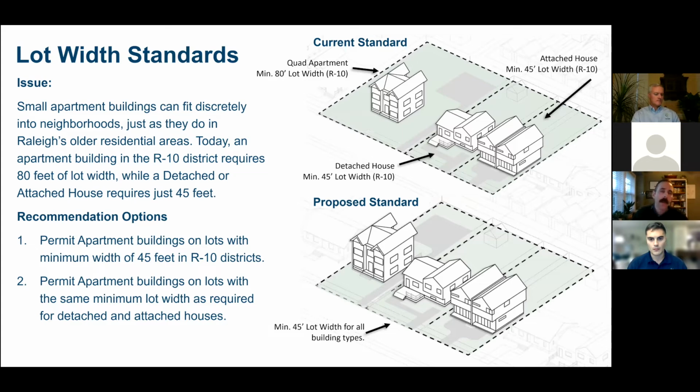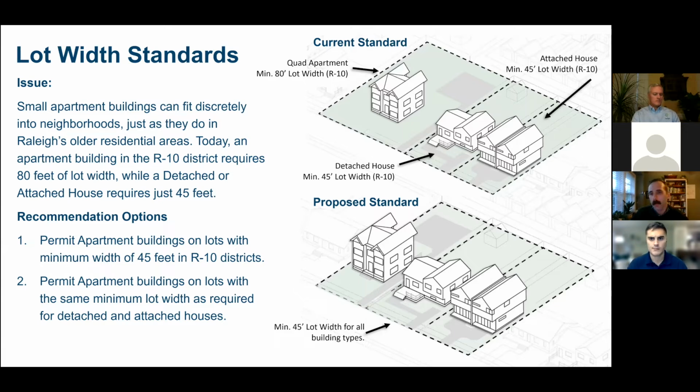So the next set of standards that we propose to change in the text change deals with lot width. Small apartment buildings, if you're familiar with Raleigh's older neighborhoods, those right around downtown, there are many small apartment buildings, 4 to 6 units usually, and they fit quite nicely into neighborhoods.